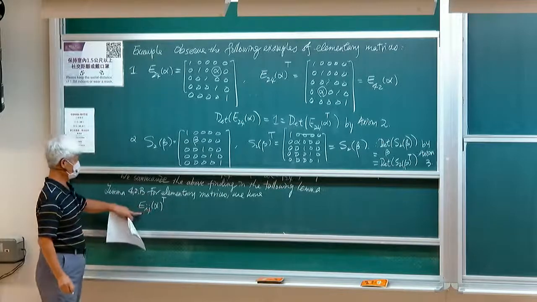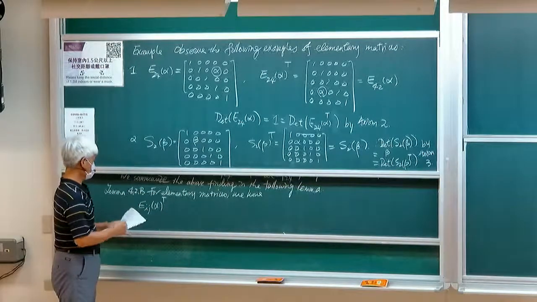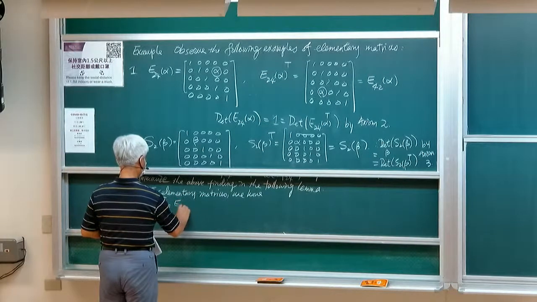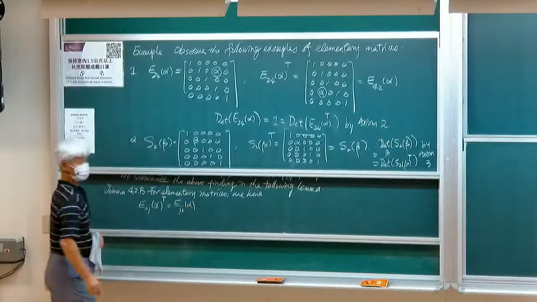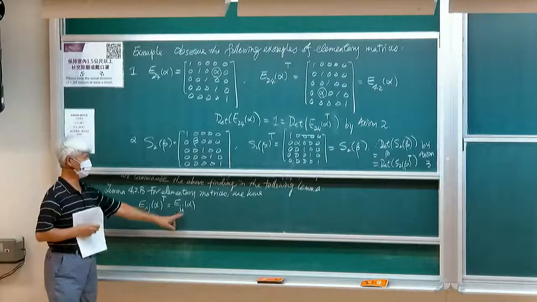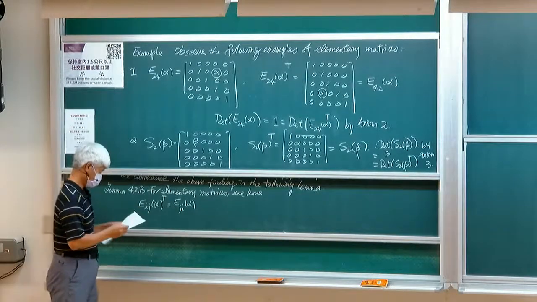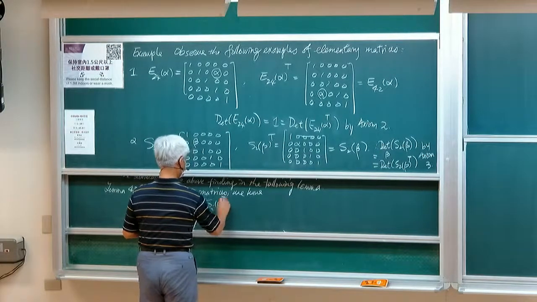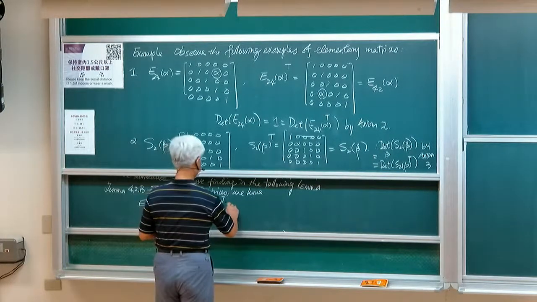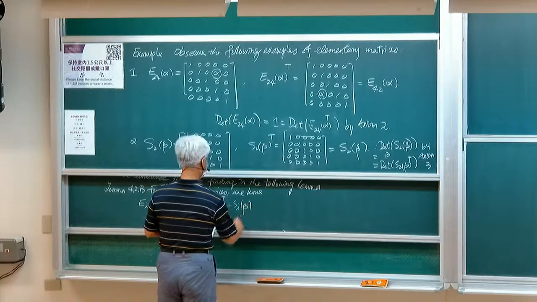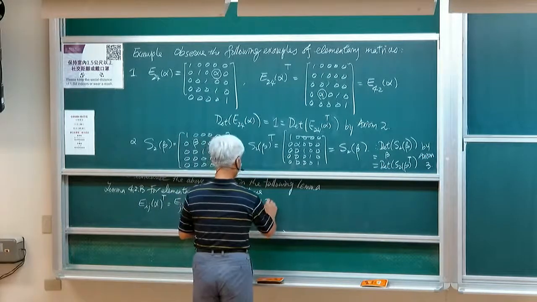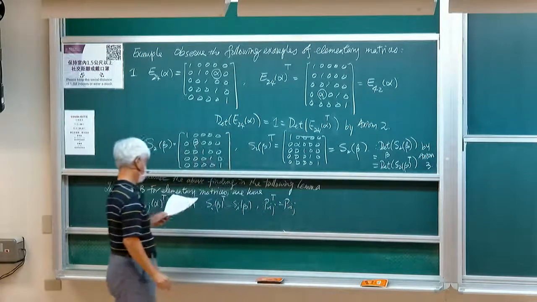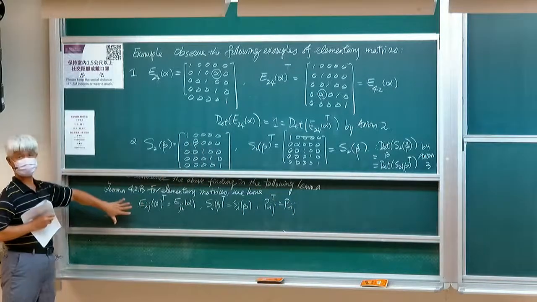So the transpose of this elementary matrix is actually E_ji alpha. Okay, so you just exchange the i and the j. And S_i beta transpose is equal to the same because it's symmetric, and P_ij transpose is equal to P_ij. Right? So we have this result.